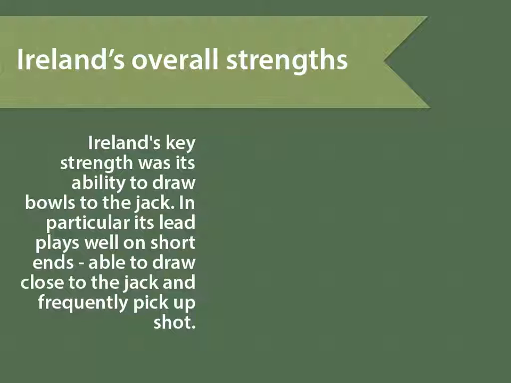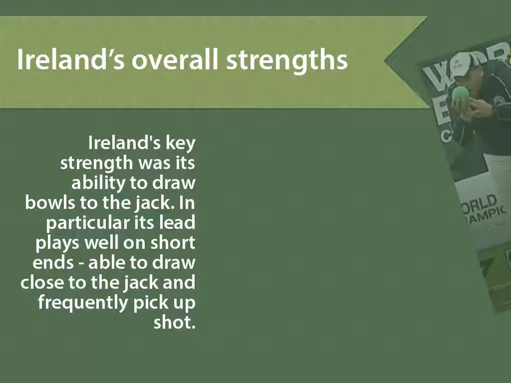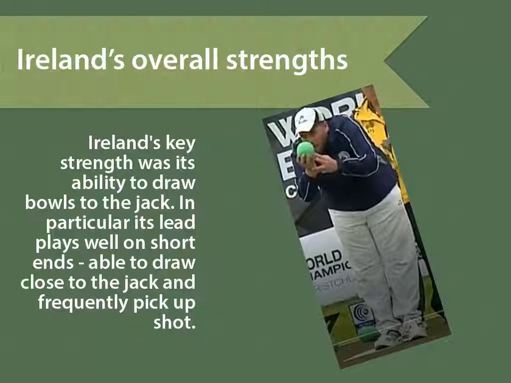Ireland's key strength was its ability to draw bowls to the jack. In particular, its lead plays well on short ends, able to draw close to the jack and frequently pick up shot.